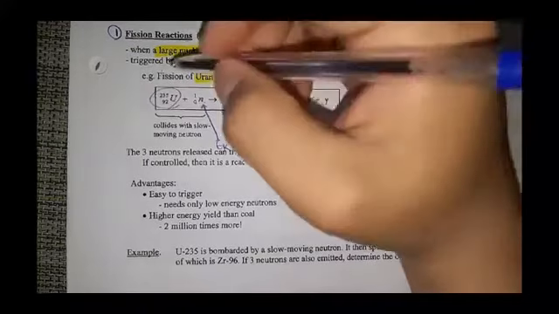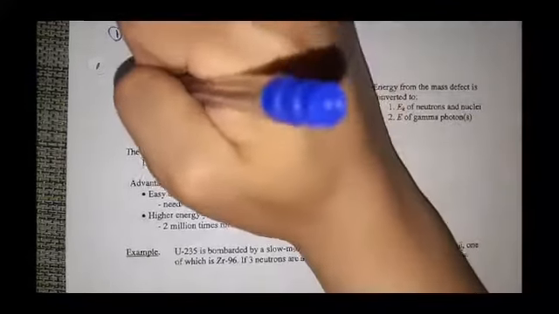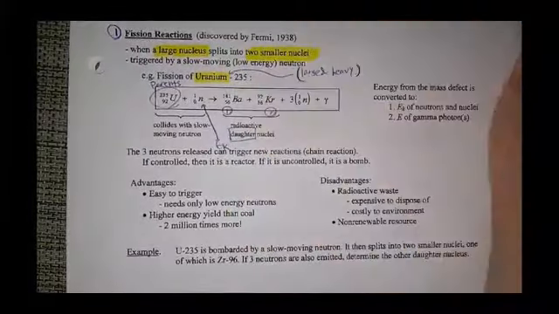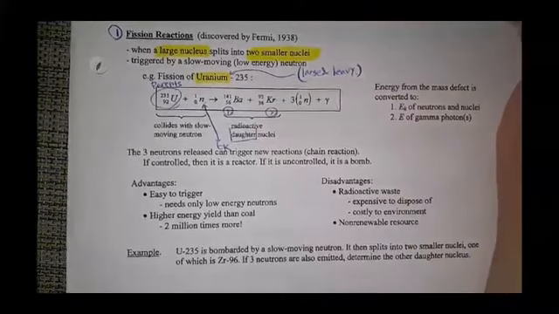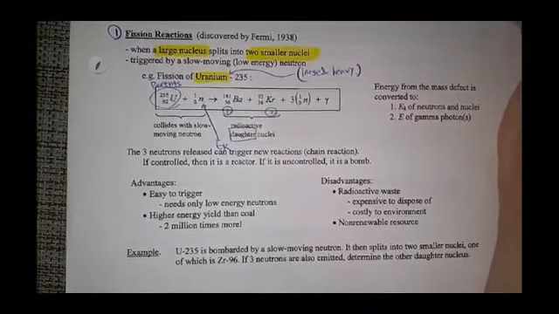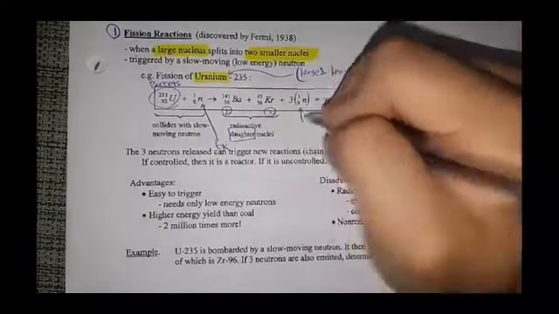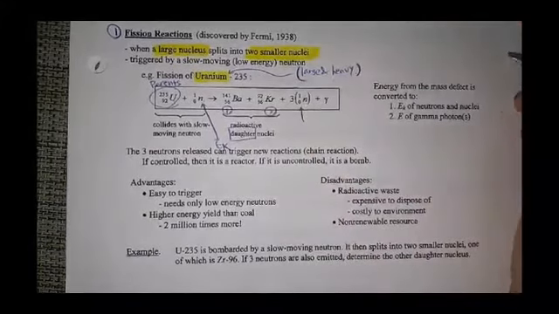It turned out this parent, I'm going to put parent in here, gets split into daughter nuclei 1 and 2. Barium-141 was one of them, and krypton-92 was another one. And after that, we have these remainder neutrons.